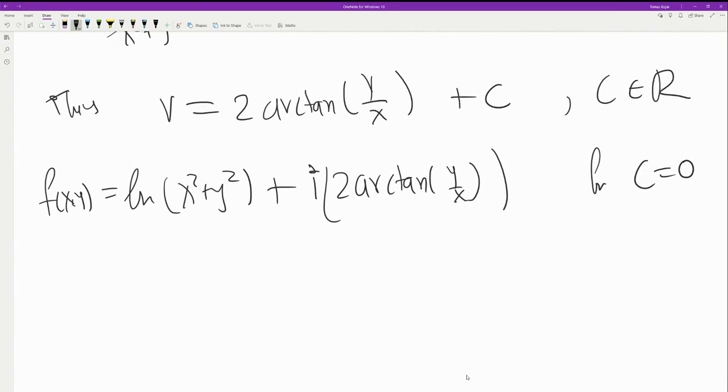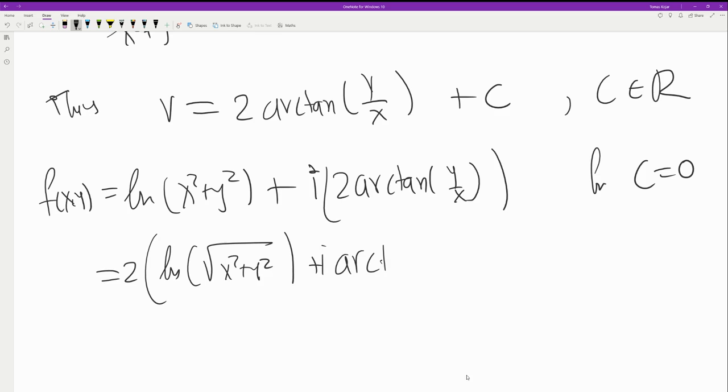Okay, so that's the one, and in fact, you've seen this before. So let me take out the 2. So this is square root. So this is nothing else but logarithm.